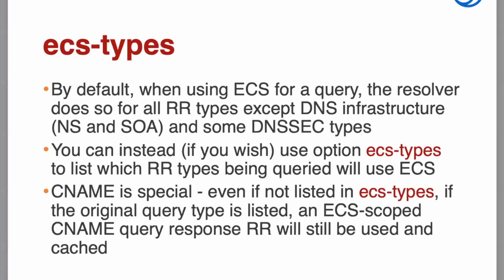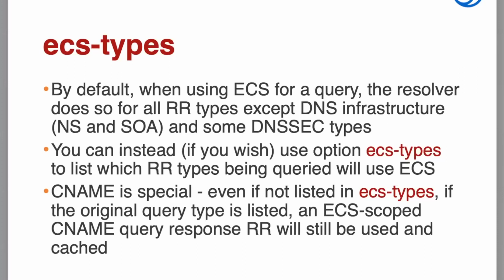Similarly, it will accept the responses for record types that it makes sense for it to do so. There are some that it doesn't. Infrastructure, delegation type replies, NS and SOA, you'd expect those to be more universal. And also some of the DNSSEC types. This is again so that DNSSEC validation hopefully will work.